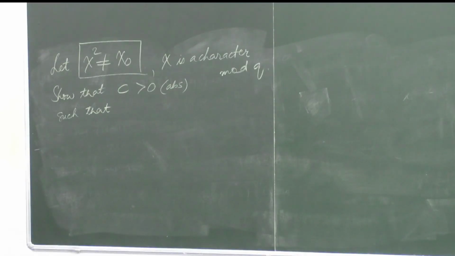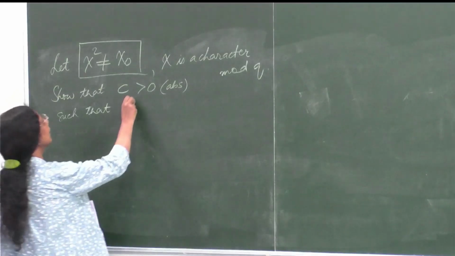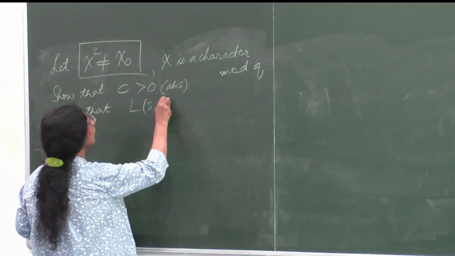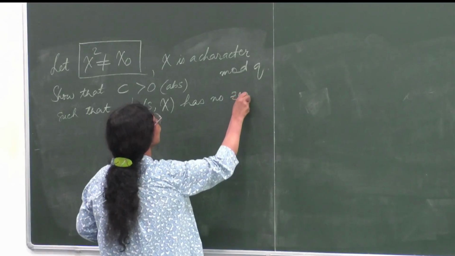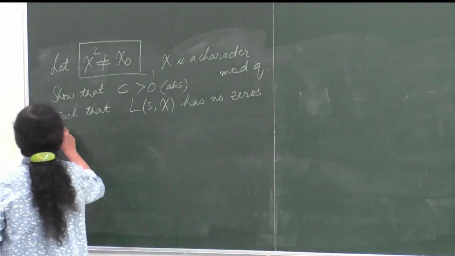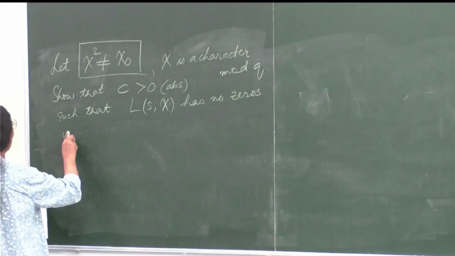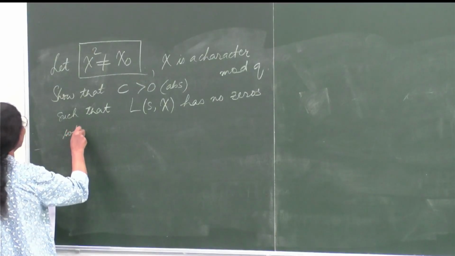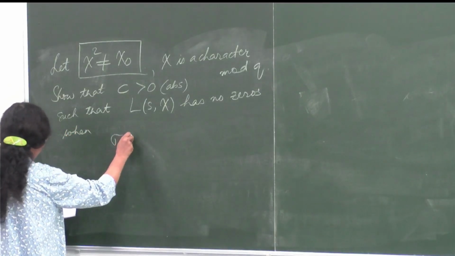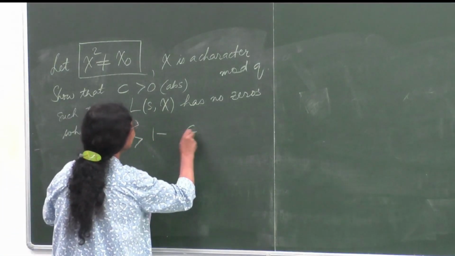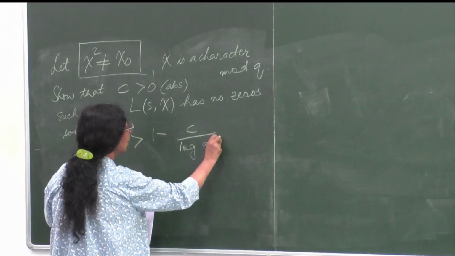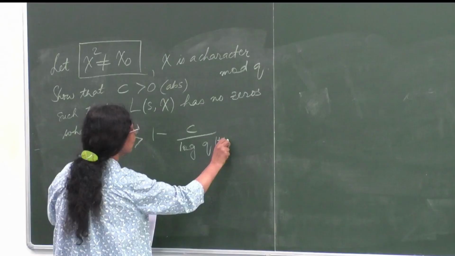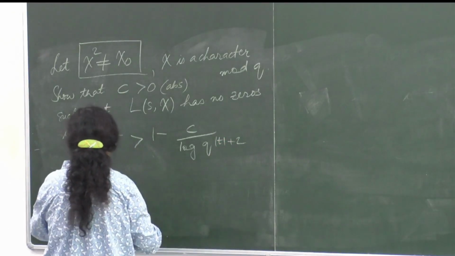Such that the L function has no zeros in a certain region. So which region is this? Sigma is greater than 1 minus C over log of Q times absolute value of T plus 2.